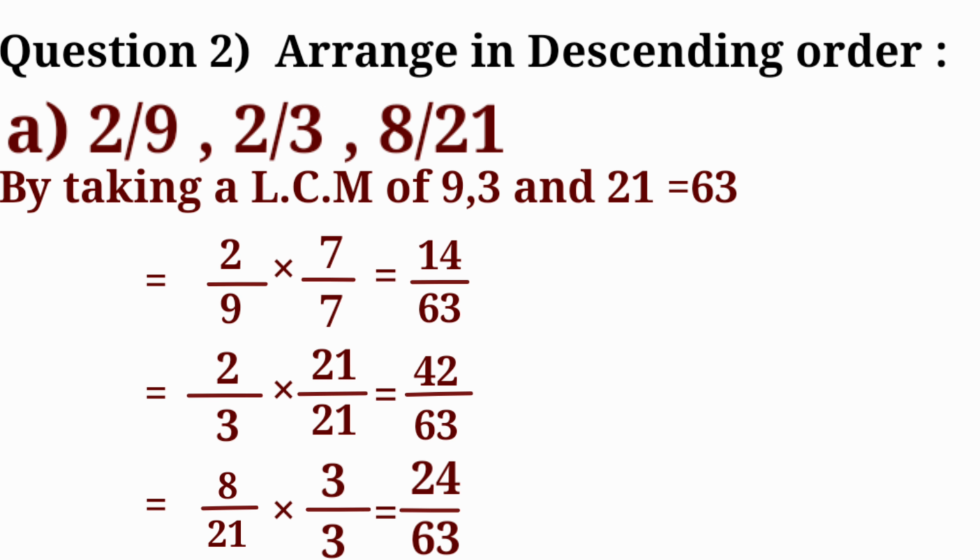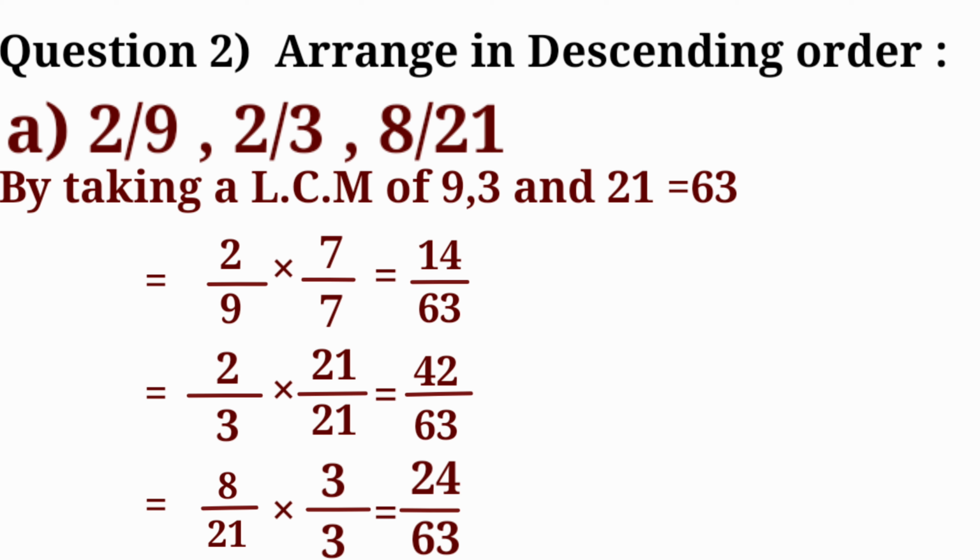So 9 sevens are 63. So to make an equivalent fraction, 2 also will be multiplied with 7. So we'll get 2 into 7, that is 14. And 3 21s are 63. So 2 will also be multiplied with 21. 2 into 21 is 42. And the last term, 21 3s are 63. So 8 will also multiply with 3, that is 8 into 3 is equal to 24.